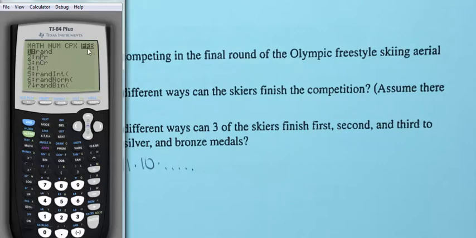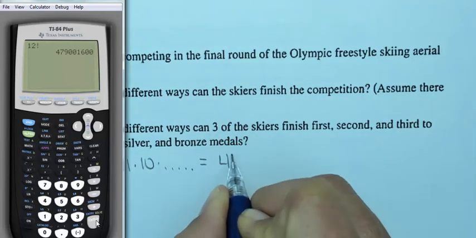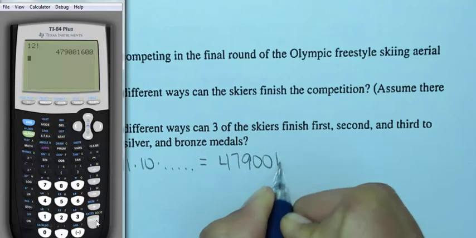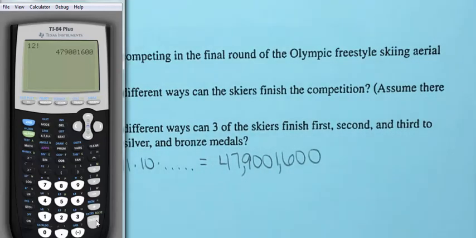So you want math probability on your calculator. Let's hit 4. It gives me the factorial symbol. I press enter, and I get an answer. Whoa, that's a large answer. I get about 47.9 million.